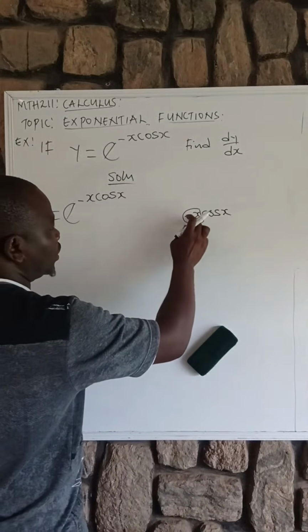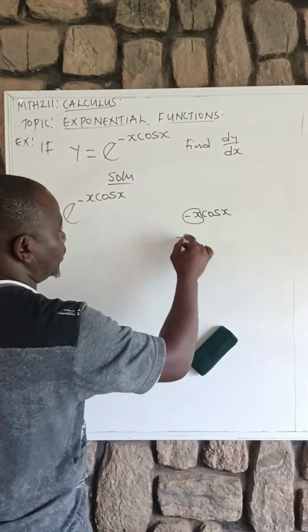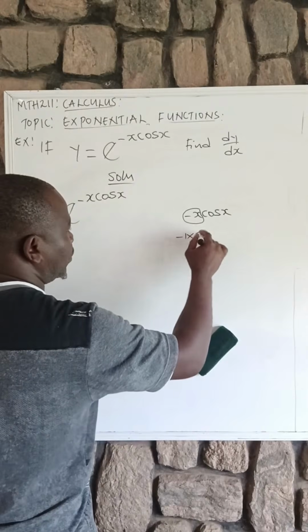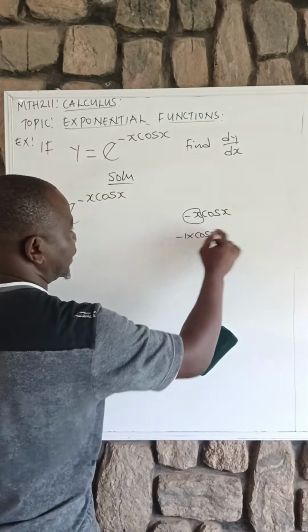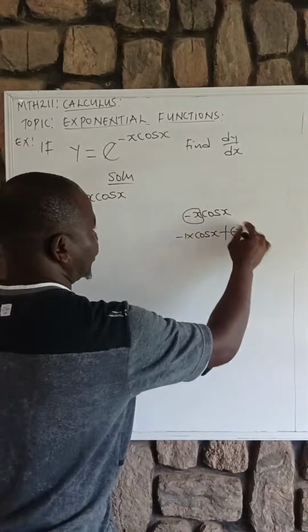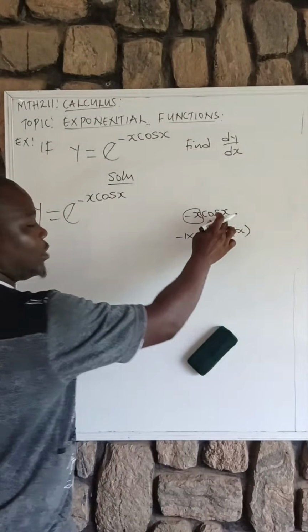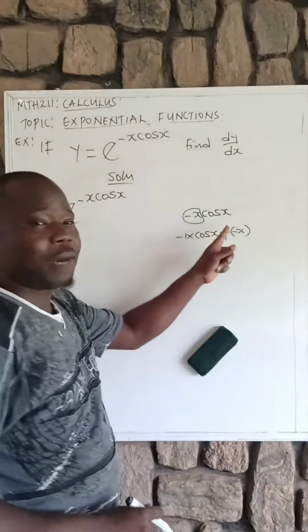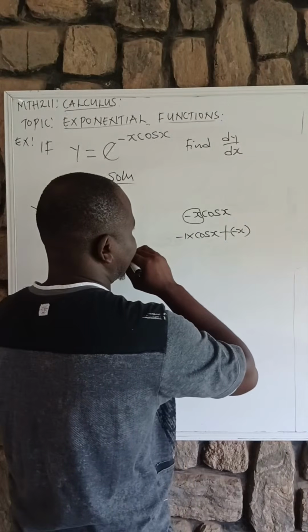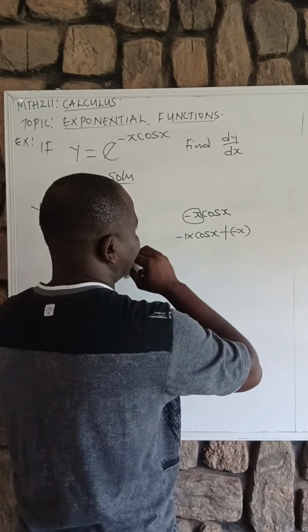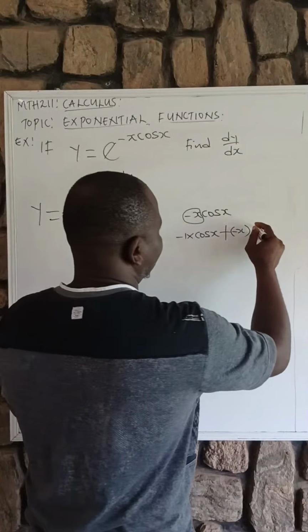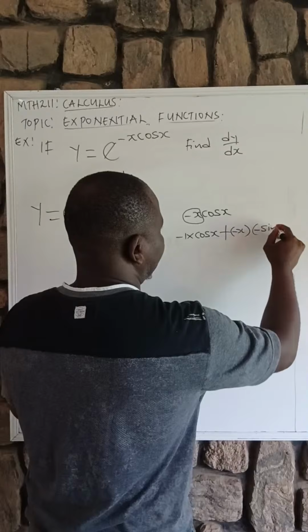So if we differentiate minus x, we are going to have minus 1 multiplied by cos x, plus minus x, then differentiate cos x. We are going to have minus sine x.